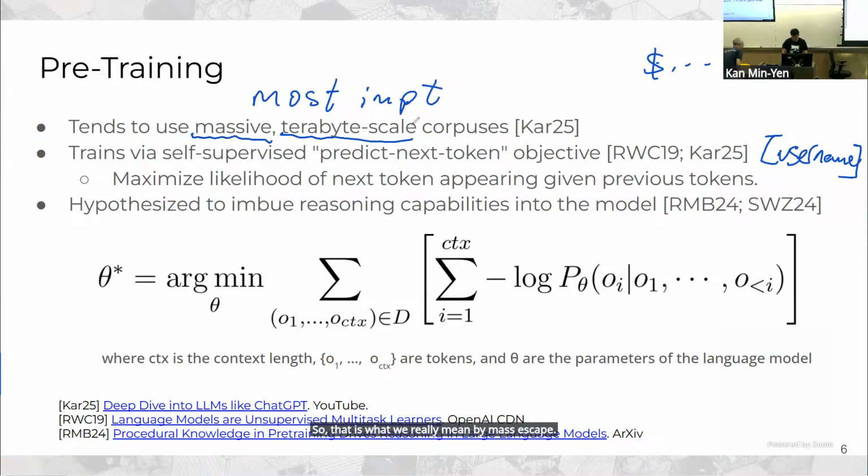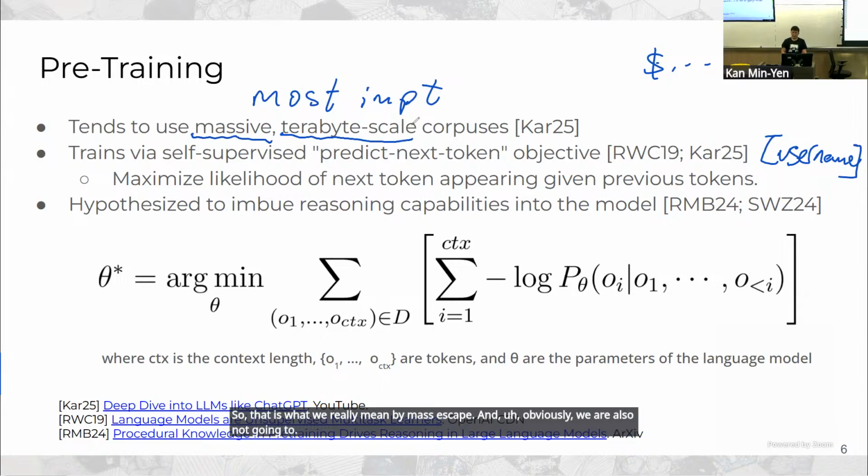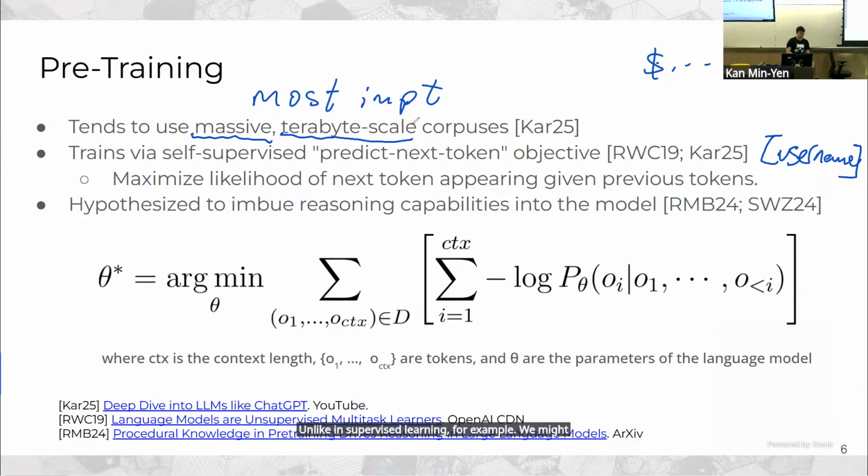And obviously, unlike in supervised learning, for example, we might not use supervised methods. We might not use gold standard labels because, again, we're not going to invest all our efforts into writing the correct answers.